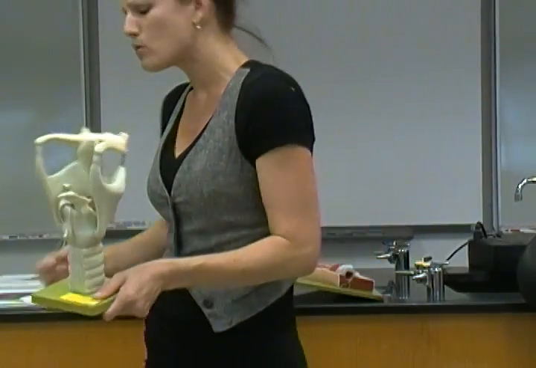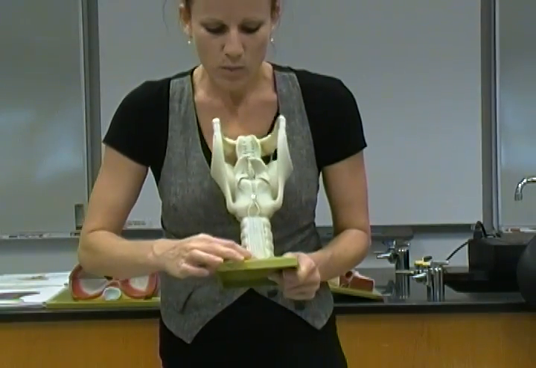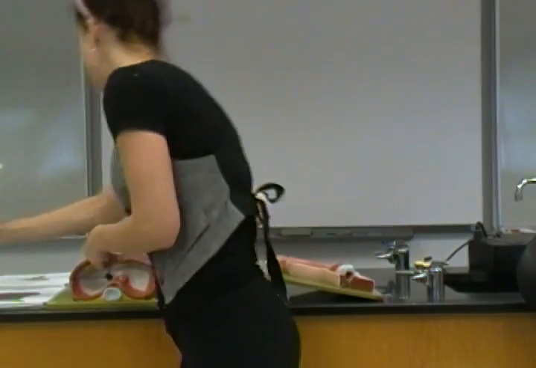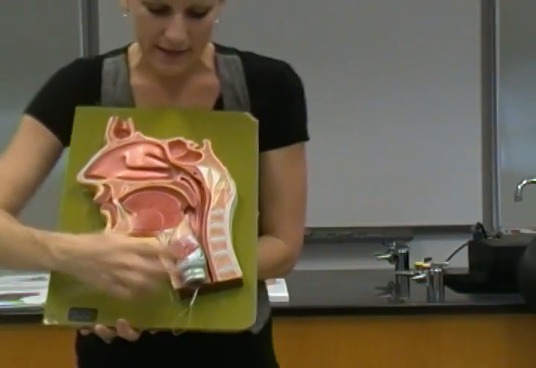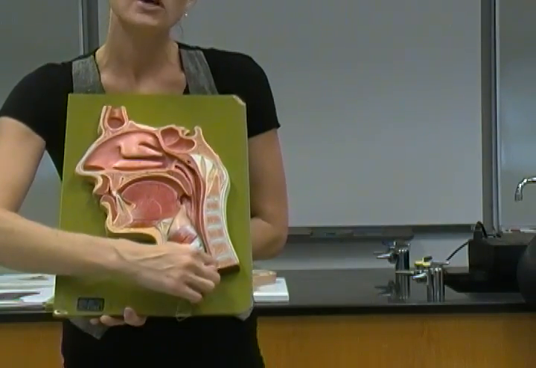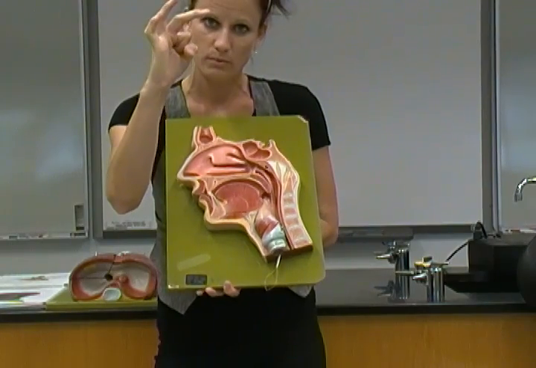The reason that we don't have cartilages going completely around the trachea is that we need flexibility here in the back of the trachea. If you look at what's directly behind the trachea, you see that it's the esophagus. And the esophagus is actually a closed or more constricted tube.